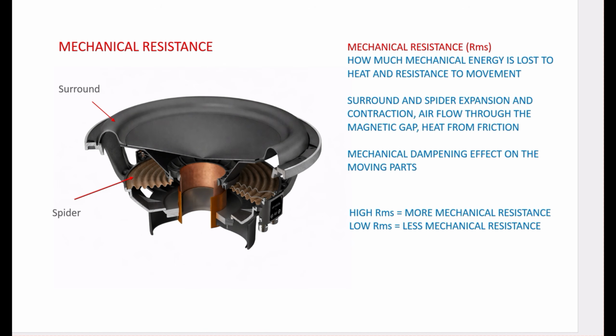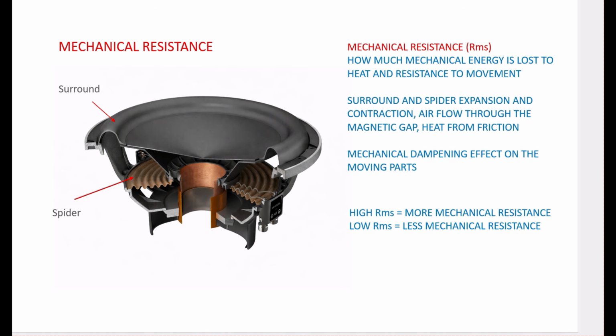But essentially, mechanical resistance, or RMS is the shorthand, is the amount of energy that's lost due to the resistance that the suspension has to flexing, friction that's going on in the spider, the air it needs to sort of drag back and forth, air in the magnetic gap and around the cone, things like that.